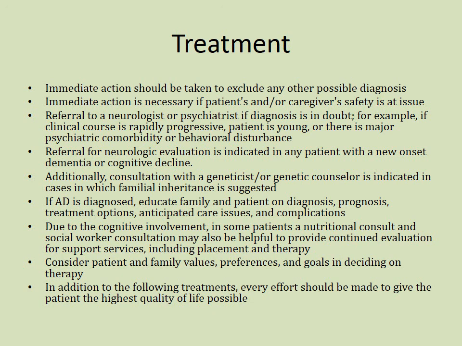Patients need to have a nutritional consult and a social worker. They need ongoing support services, and you need to evaluate who's going to be there with them, who's going to take care of them. You need to take into consideration the patient and family values, and you need to always be thinking about the highest quality of life possible for the patient.